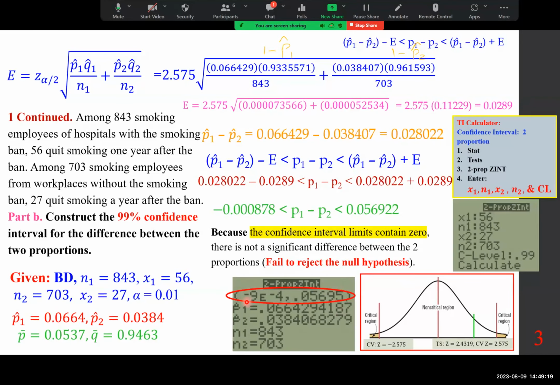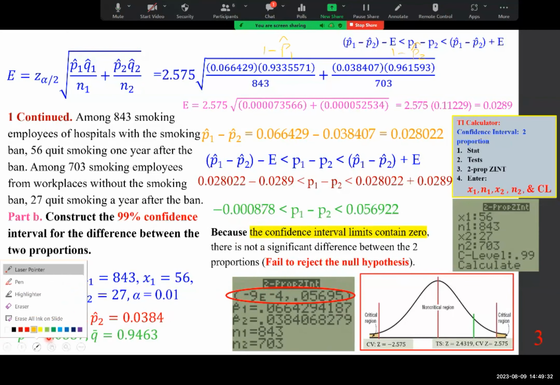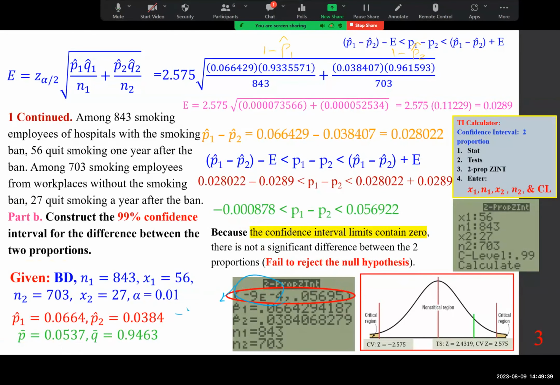And what is this one? It's negative 9 times 10 to the power of negative 4. And you can change that, this is a scientific notation. This number is negative 9 times 10 to the power of negative 4, which means the decimal is here.